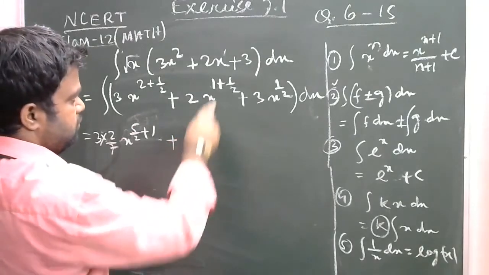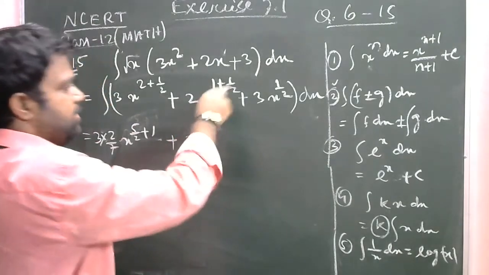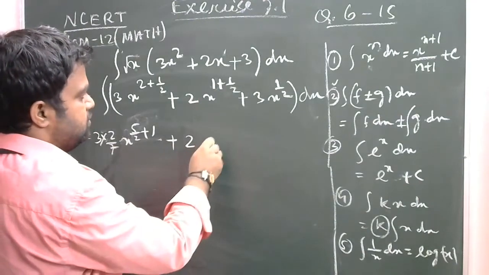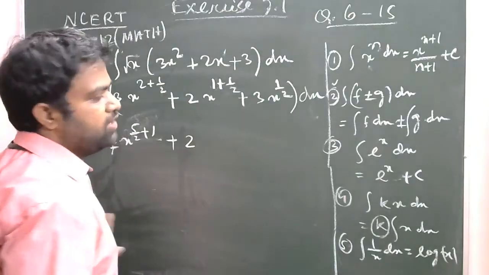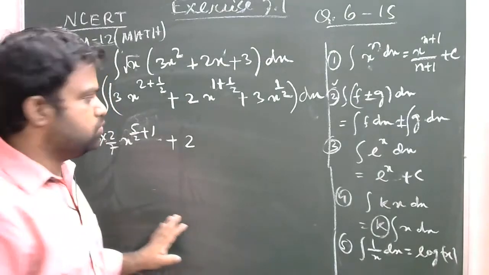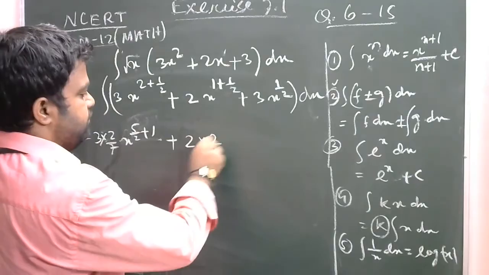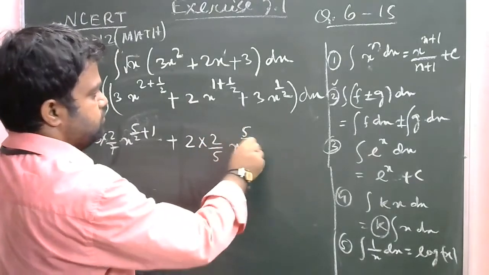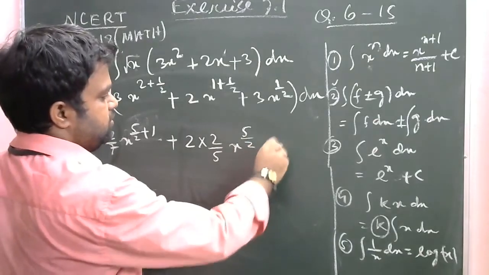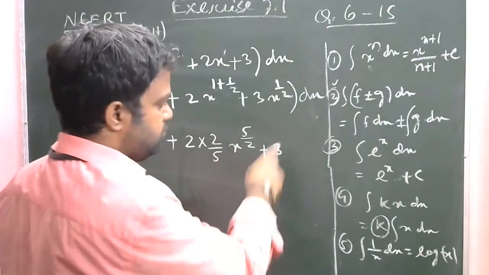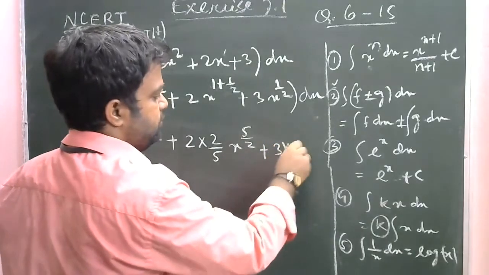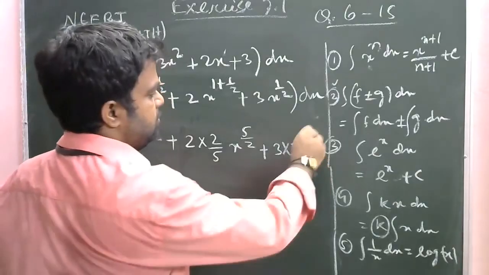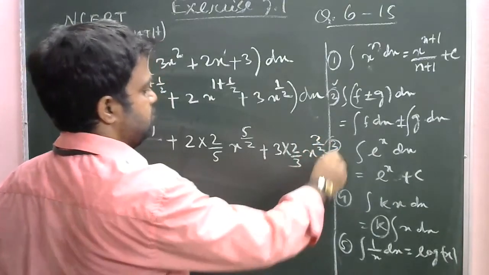So 2 into, this is 3 by half plus 1 means 3 by 2. So 3 by 2 plus 1, that is 5 by 2. So 2 by 5, x to the power 5 by 2. Similarly, 3 into half plus 1 is 3 by 2. Denominator 3 by 2, it will go 2 by 3. x to the power 3 by 2 plus c.